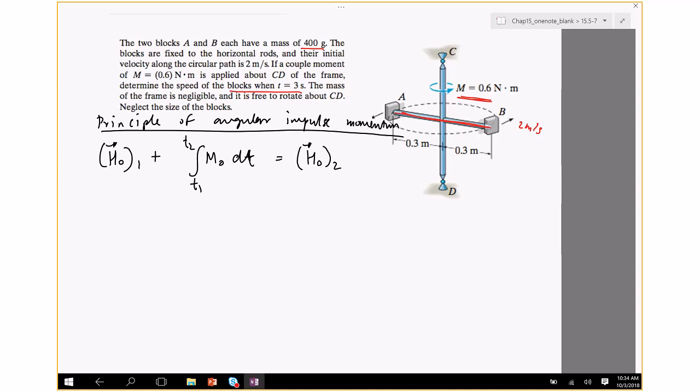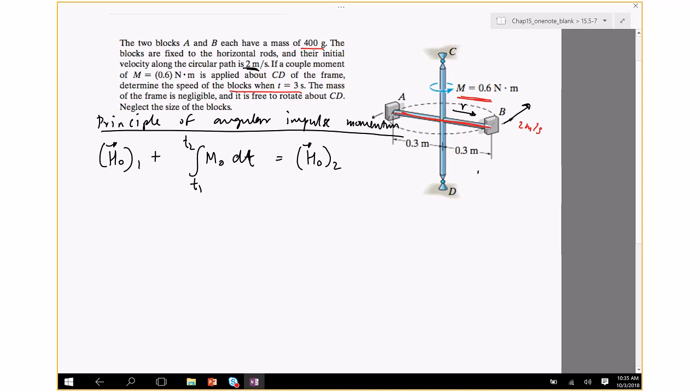Okay, so let's see, we're given the initial velocity, it's not 0, it's 2 meters per second. So we need to find r cross mv. Let's do that for each of those two blocks. For B, r is going to be this. It always points from the center to block B. The velocity is as shown, to the right.